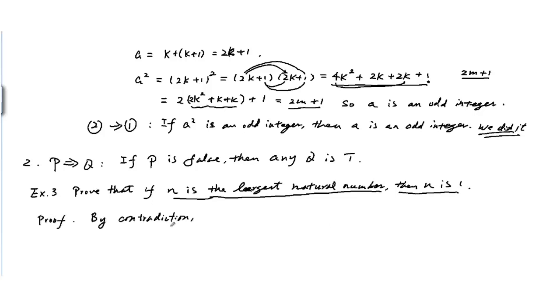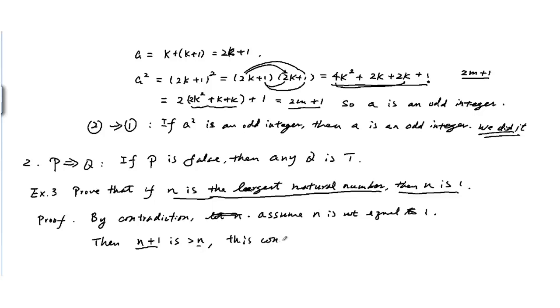By contradiction, if the result is not true, assume n is not equal to 1. So if n is not equal to 1, then you can take n plus 1. And then n plus 1 is bigger than n, right? But you assumed n is the largest one, and then you find a larger one.